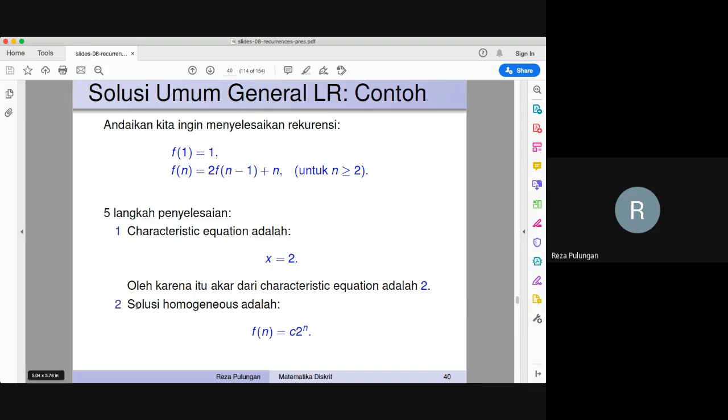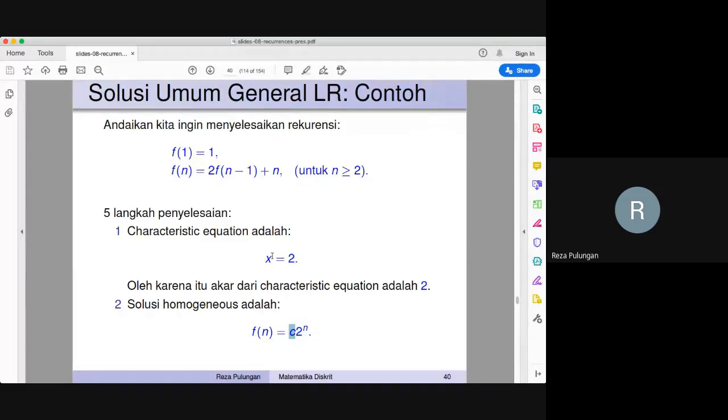Our solution, this is called the homogeneous solution, is Fn is equal to C multiplied by 2 to the power of n. The C here is a constant, because of course you still have to take all of the linear combination.